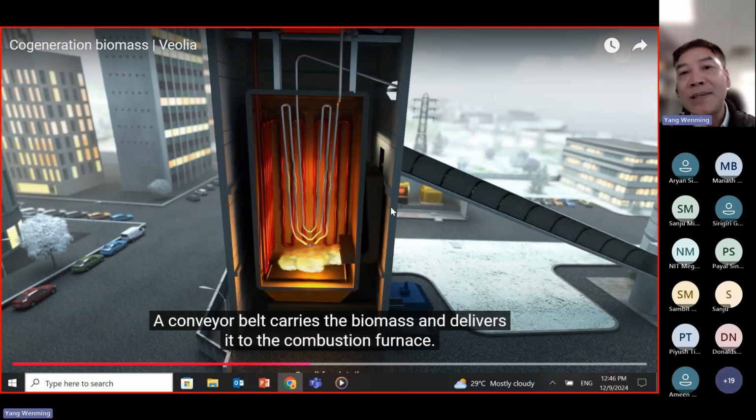And minimize the heat losses to the external wall. When the water flows through the heat exchangers, the water will become steam. And then the steam will further flow through the superheater. This one in the center part is the superheater.